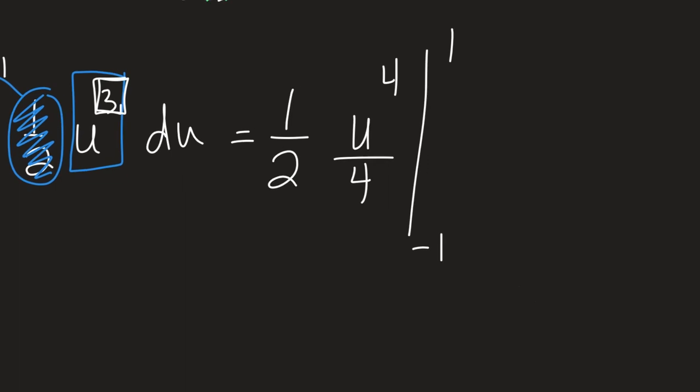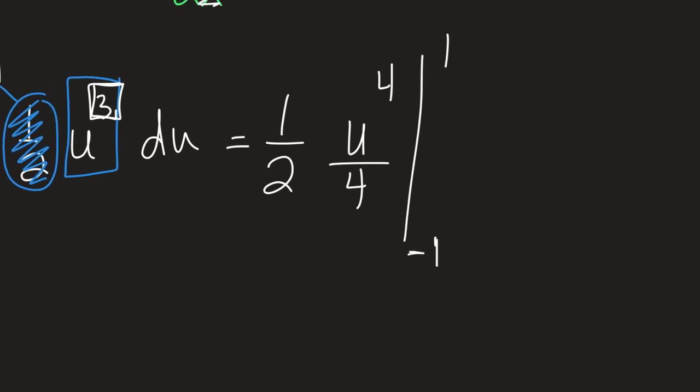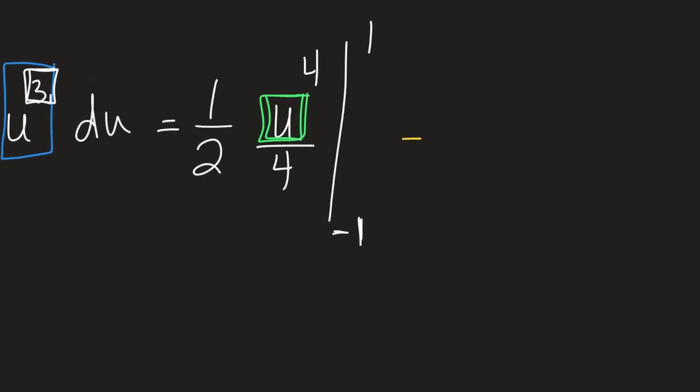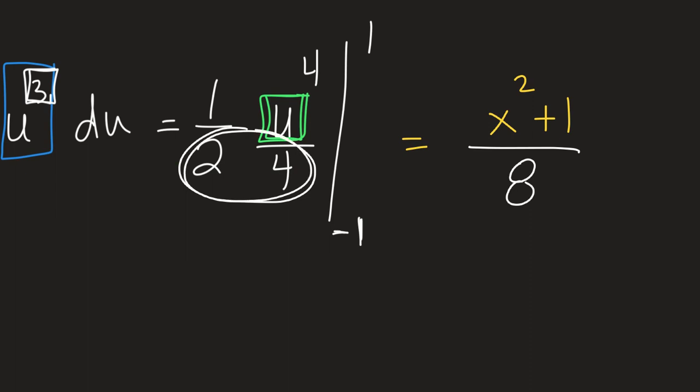Okay, so since we haven't changed our integration variables, we're going to have to go back in and replace u with how we defined it up above. And I believe we said u was x squared plus 1. So we still have dividing by 8, because 2 times 4 is 8. And I'm going to raise this to the 4th power, and I'm evaluating it from -1 to 1.